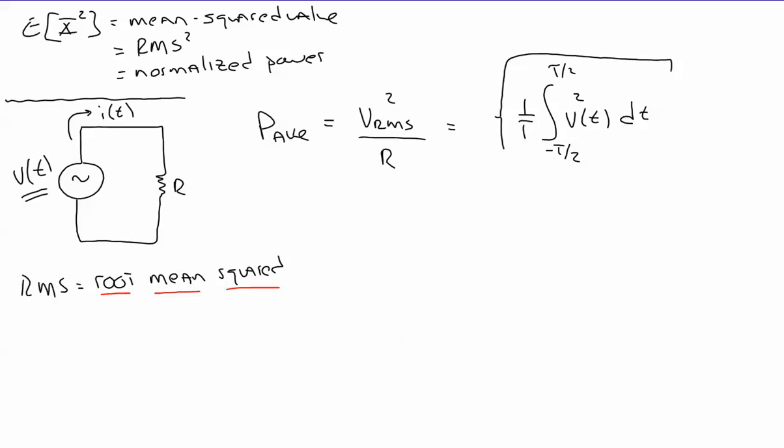The RMS value of V as a time-varying function is its DC equivalent. That's the DC equivalent voltage. Hopefully you recall that from some circuit analysis example or course. Then to find the power, I divide by resistance. If R is 1 ohm, we have what's called the normalized power.